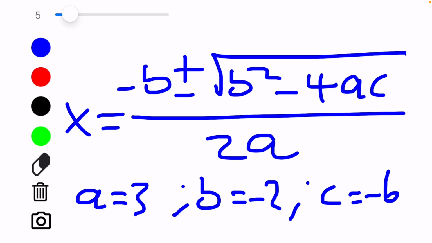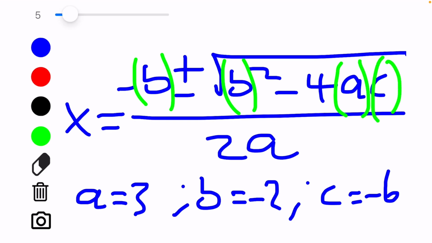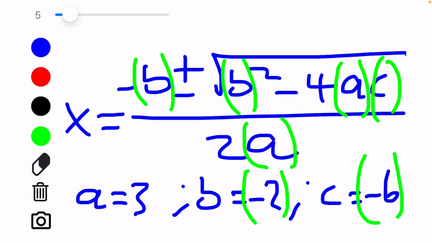Ladies and gentlemen, the most important thing is for you to substitute in brackets. At all times, when you use a formula, try to substitute in brackets. In that way you are able to notice what's given as part of the formula versus what you'll be substituting.